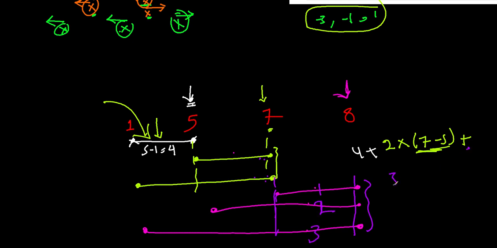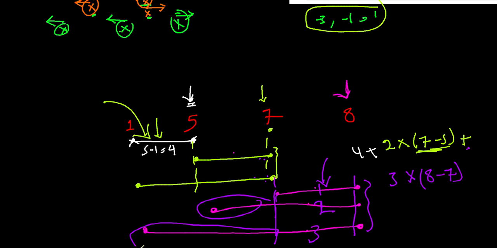So we'll do 3 multiplied by 8 minus 7. This is for this part, and we have these 2 pieces exactly the same as this one.